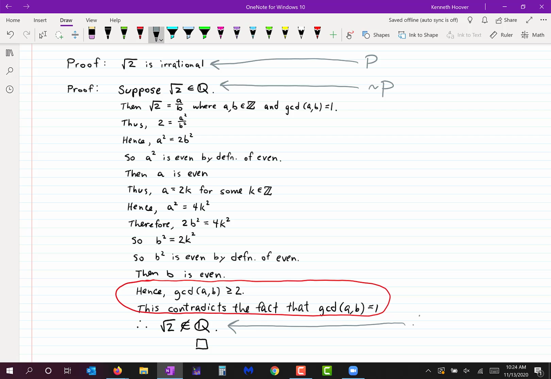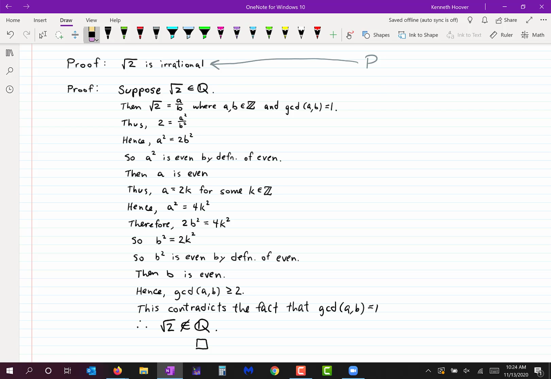So therefore, the negation of P has to be true. But what's the negation of the negation of P? It's just P. See how that works? That is a classic example of a proof by contradiction. Archimedes came up with this proof several hundred years BC.